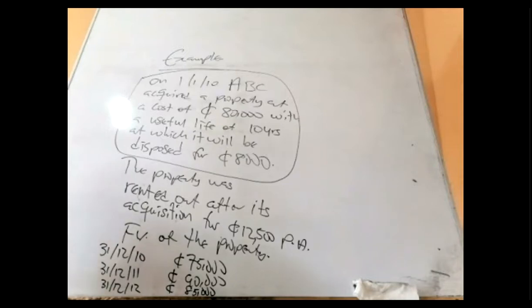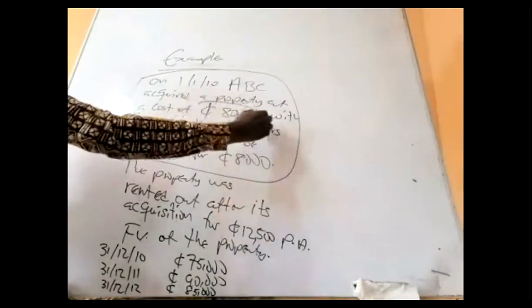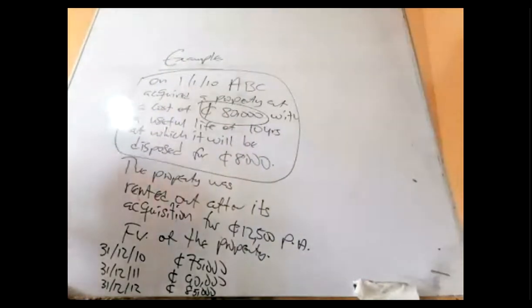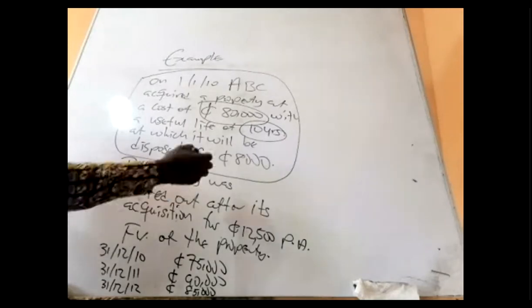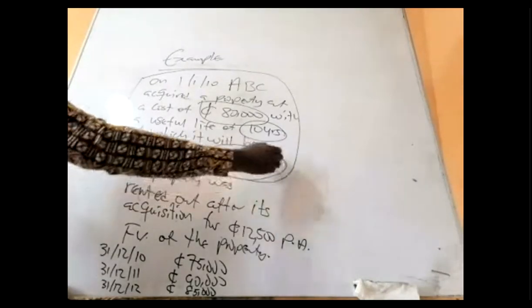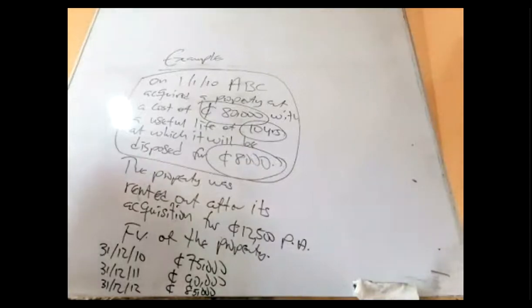The cost is 80,000, okay, that's fine. It's for a life of 10 years, okay, depreciation, at which it will be disposed of for 8,000. So that becomes the residual value. That will affect depreciation.